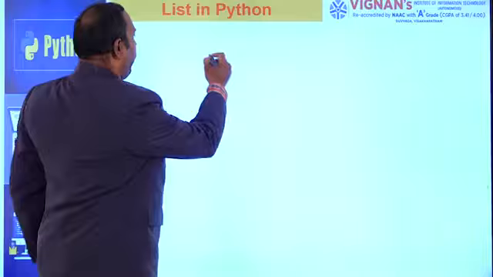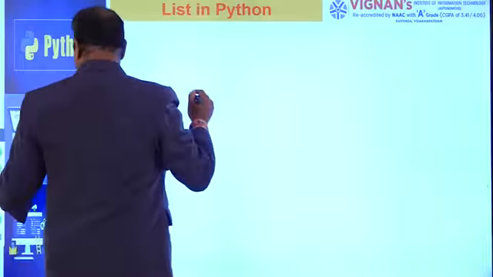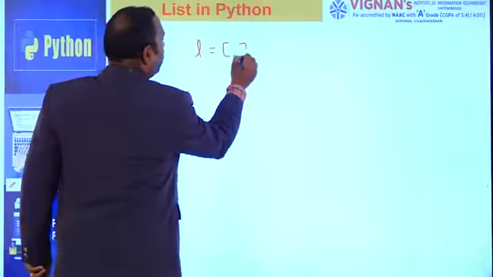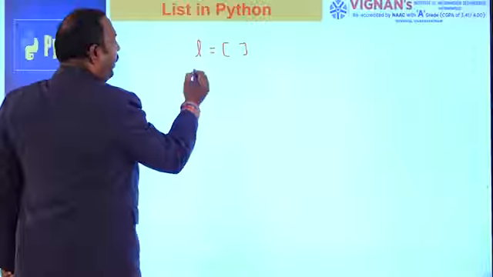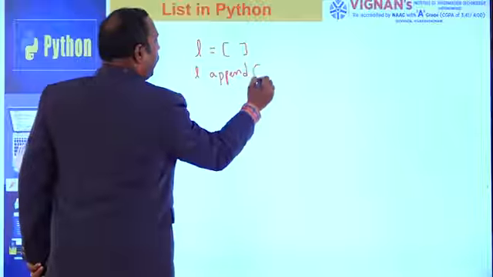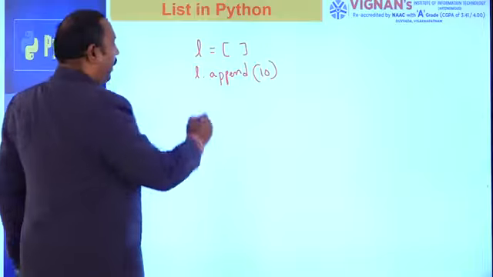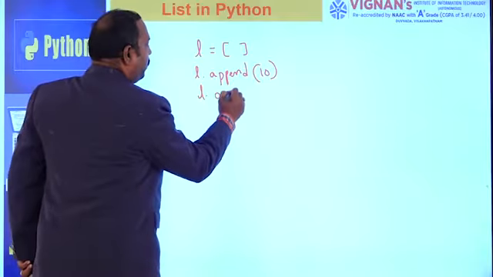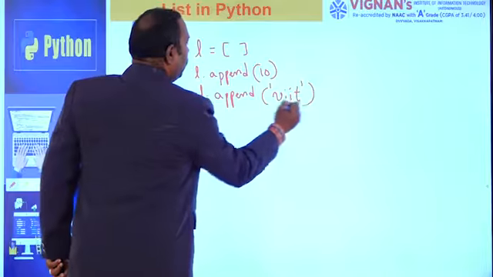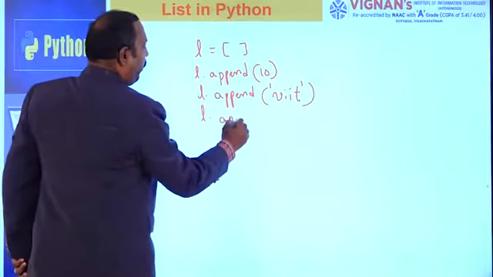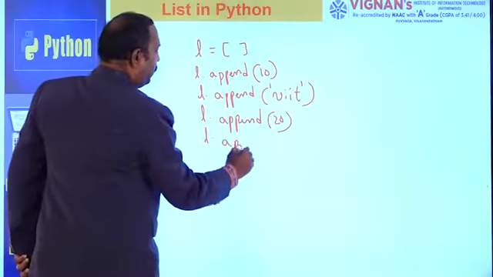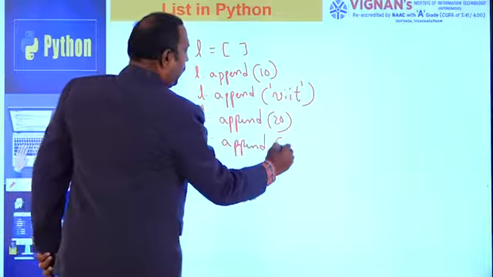For example, I have taken L equal to an empty list. After that, I want to add elements: L.append(10), L.append("VAIT"), L.append(20), and similarly L.append(10) again.